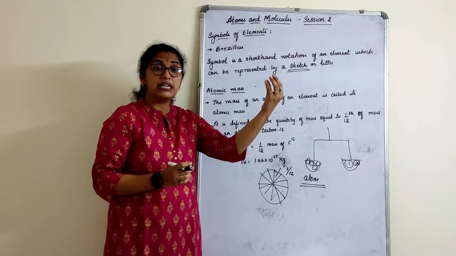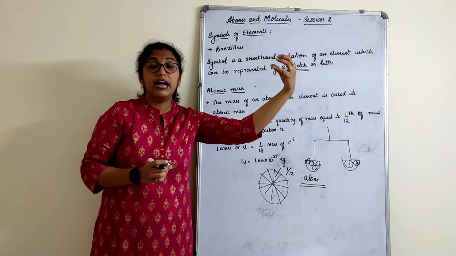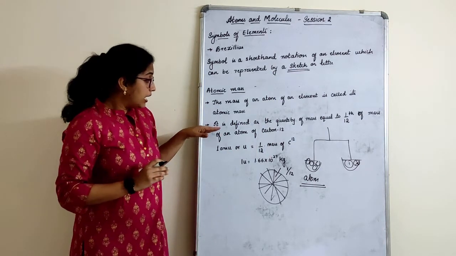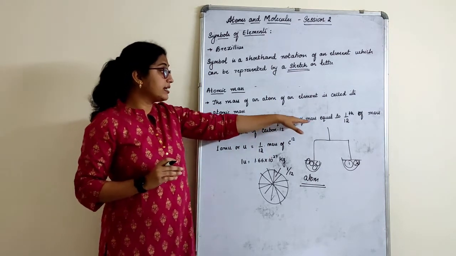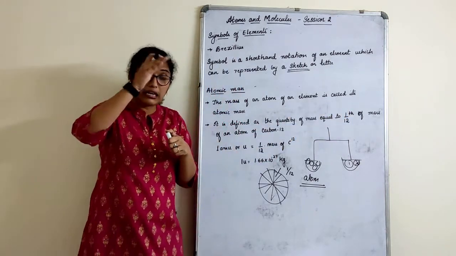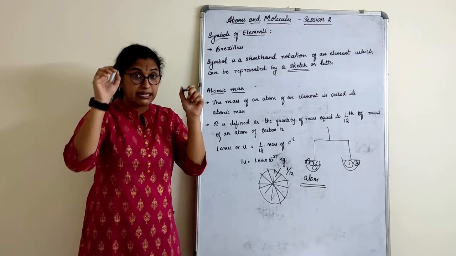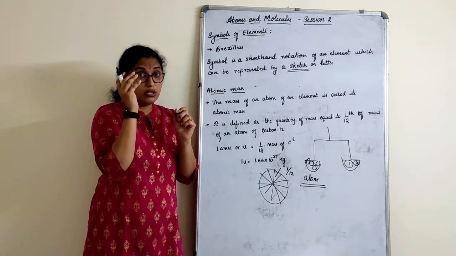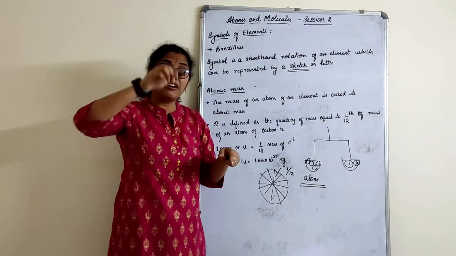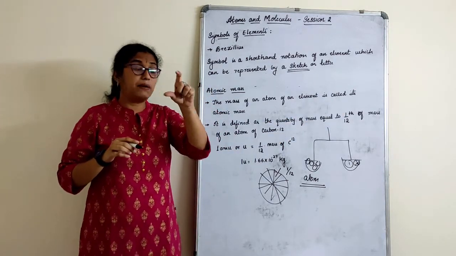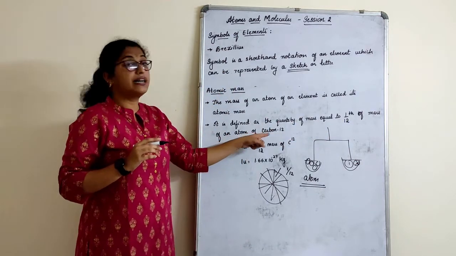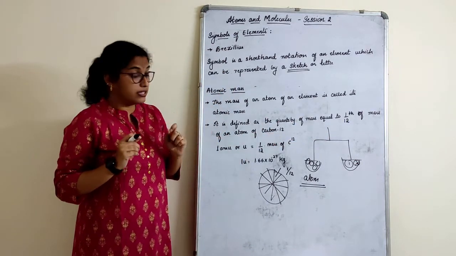Each piece can tell me the atomic mass of a particular element. So it is defined as the quantity of mass equal to 1/12. That element carbon, we will consider. If I make 12 pieces of it, one part, 1/12 of the mass of the atom of carbon-12, is what we use here.